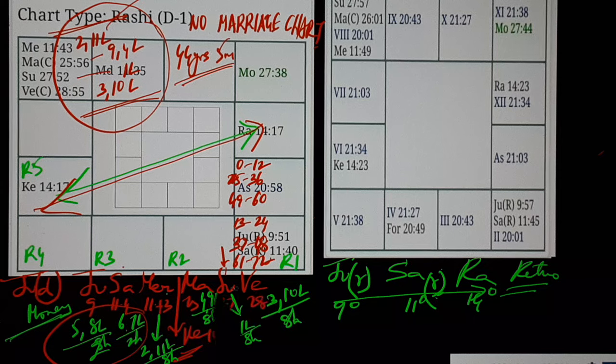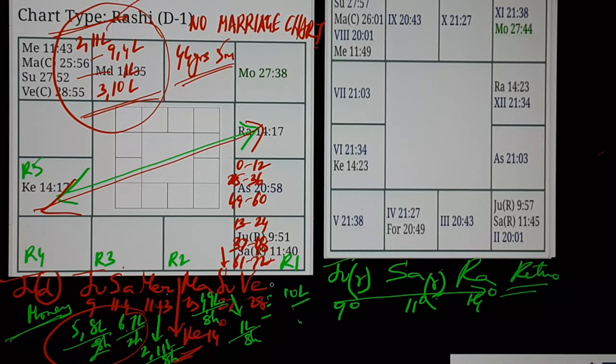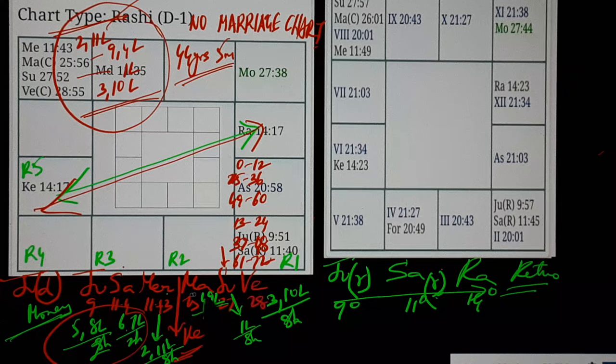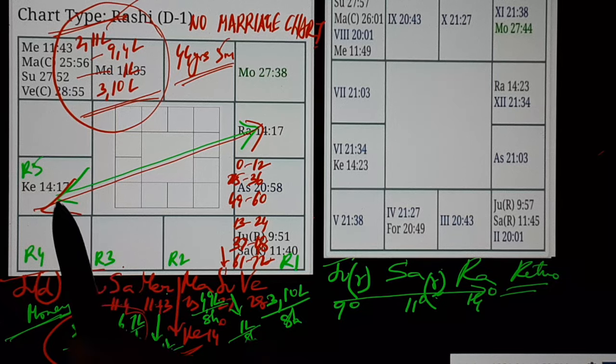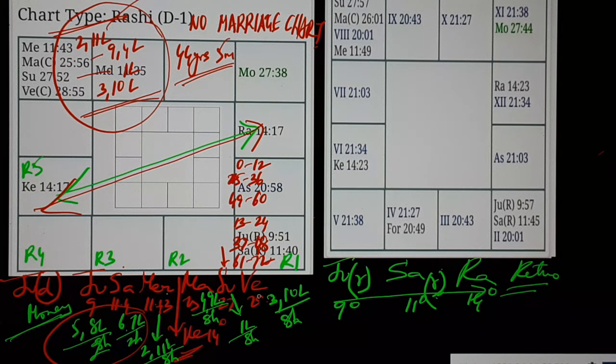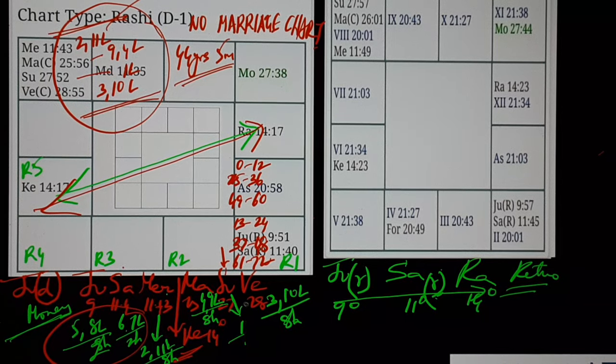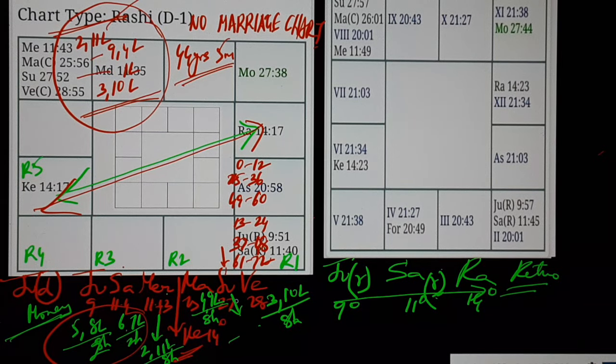And Venus has crossed both Mars and Sun, and being a water planet, it has crossed two fiery planets, and also the Ketu is before that. So Venus passed through these planets and arrived at where it is now, and hence Venus has thoroughly exhausted itself after passing through these fiery planets, and fails to deliver.